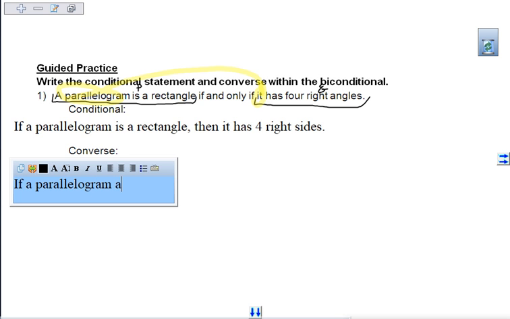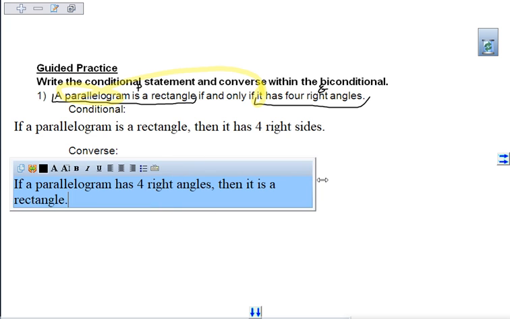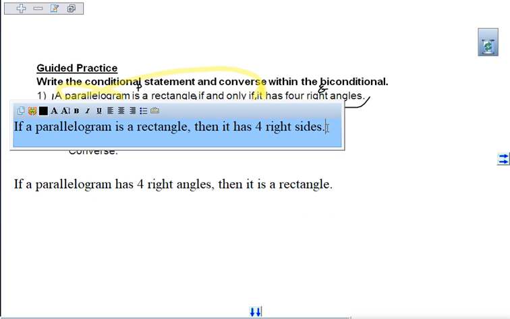If a parallelogram has 4 right sides, or sorry, not right sides, 4 right angles, I need to go back up and fix that on the last one. Then it is a rectangle. So make sure on that last one you fix sides to angles.